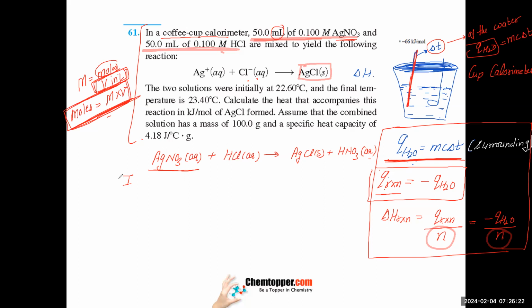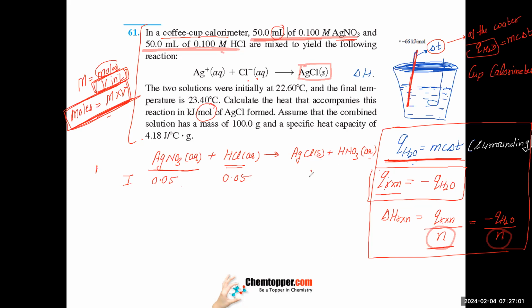So if you take volume in liters, it is 50 divided by 1000, 0.05, and 0.05 multiplied by 0.1 gives 0.005, right? How many moles of HCl? I'm calculating moles because I need moles. The answer should be in moles.